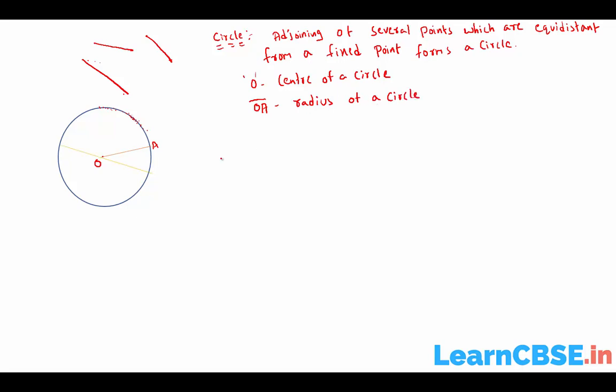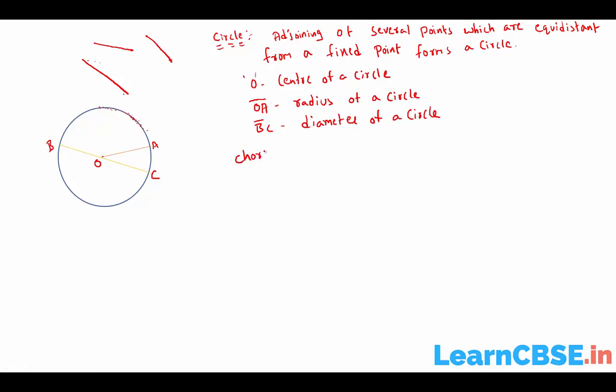Now BC is the diameter of a circle. Now we go with chord.